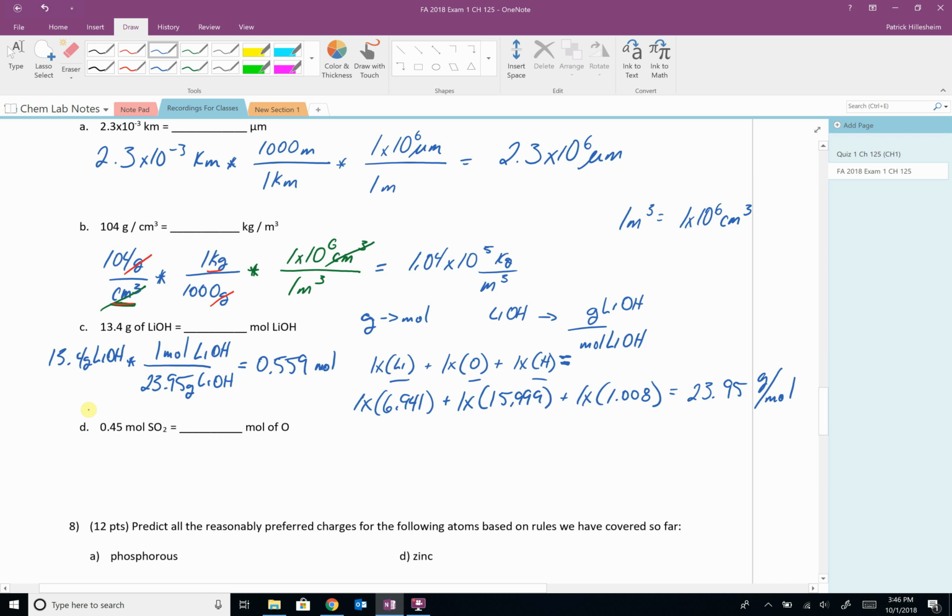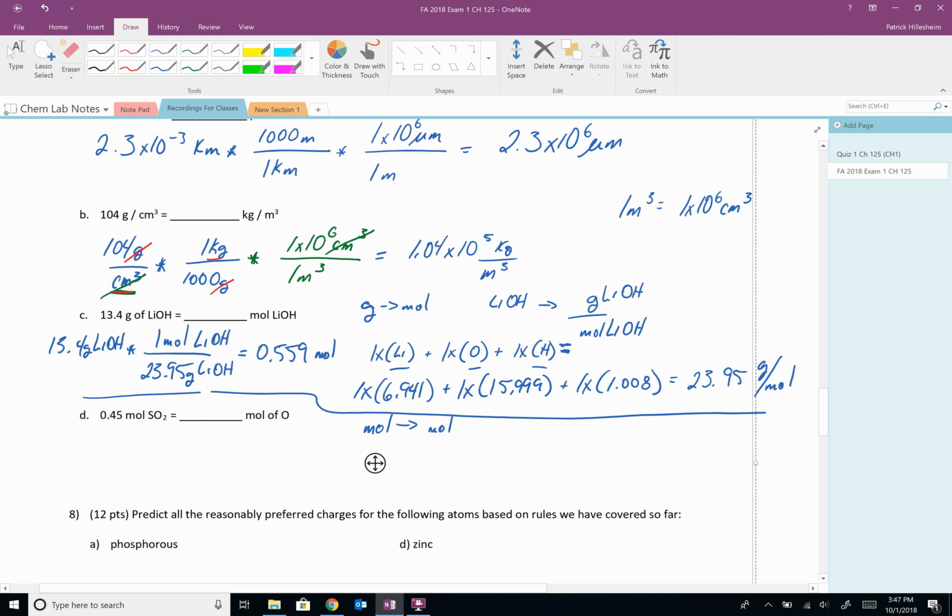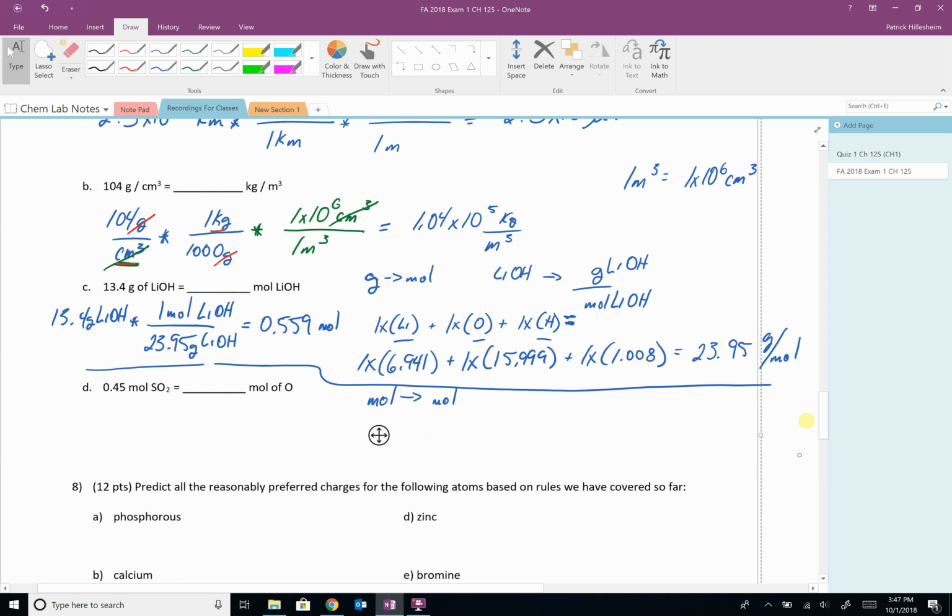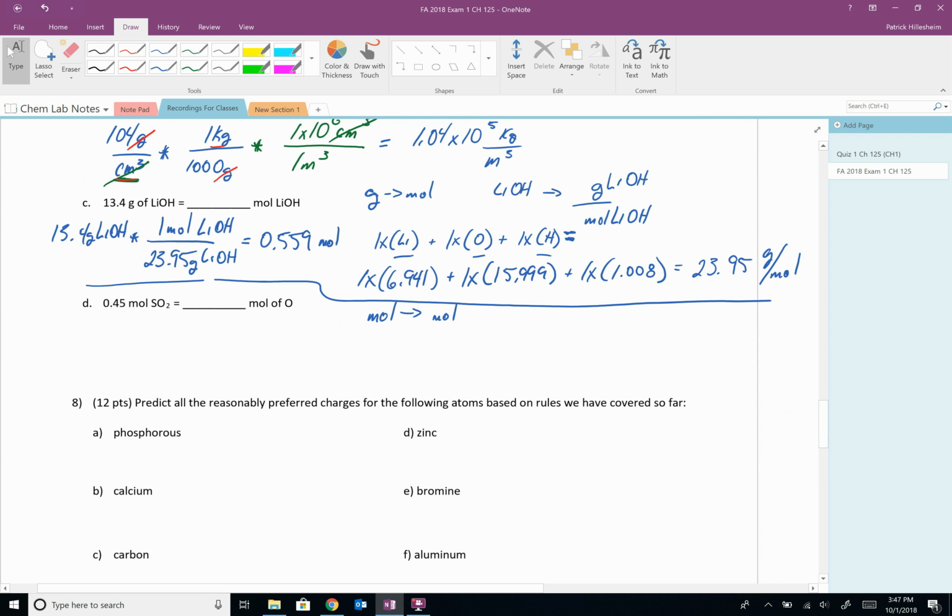All right. So let me just make some space here. Good stuff. Okay, now we've got a conversion of moles into moles for D there. To do this conversion, we have to remember what our formula tells us. Our formula tells us that there is one sulfur atom and two oxygen atoms.